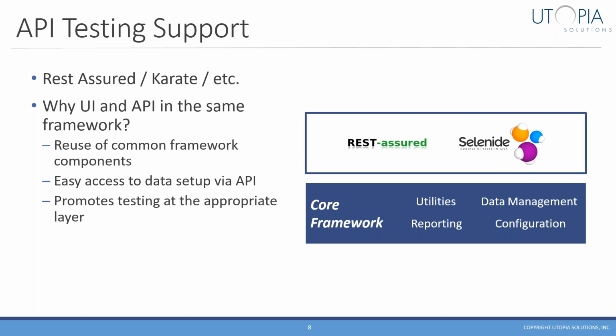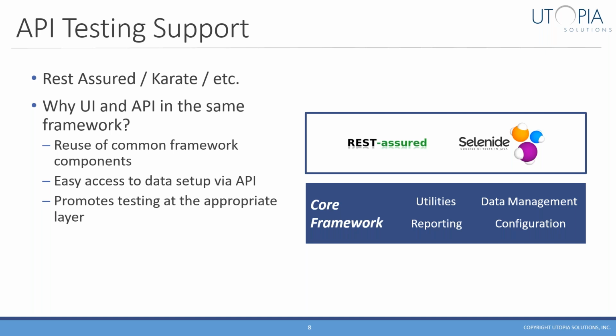I think the best way to say this is we've learned over the years that if you just build at the UI framework level, it leads you down this path of doing all your testing through the UI, which is the slowest and most unreliable way to automate. And there's a lot of things that are common between both API and UI level testing, passing data, reporting, logging, maybe assertions.